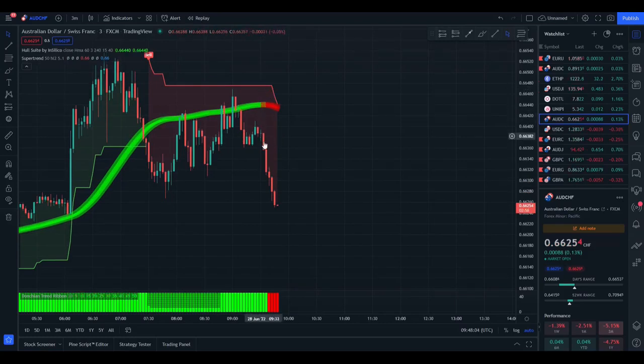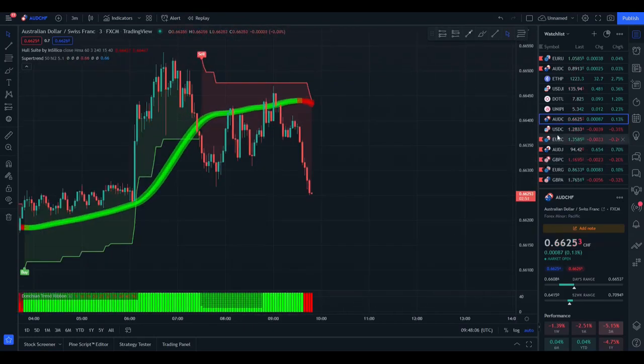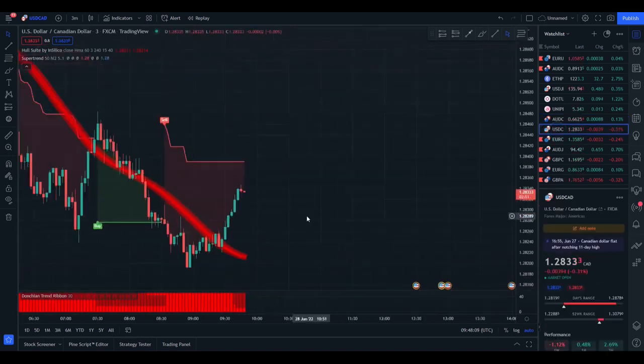So this could definitely be you. As you can see here, we entered riding the trend, the short-term trend, and getting our money.